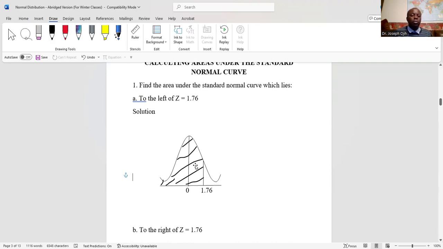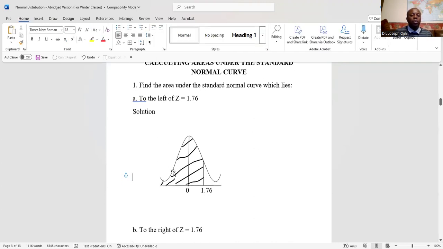Now, after you do that, you can go to the procedure chart, because it says here, find the area. So you're looking for the area. To find the area, after shading the correct side, you go to the procedure chart. The procedure chart will be this one here.